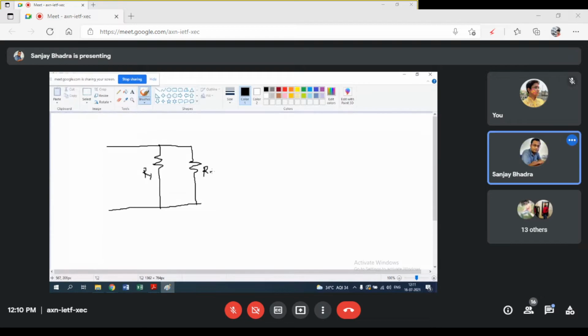Okay. So this is my R2. This is my source current, capital I. This is, say, the branch current I1. This is, say, another branch current I2.